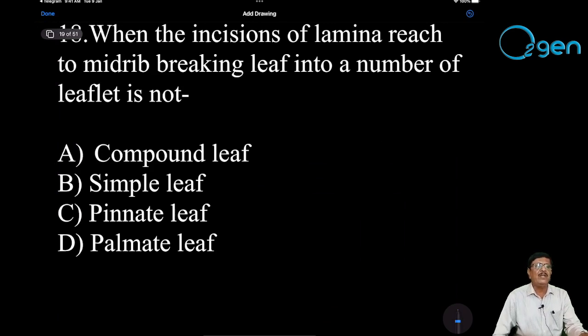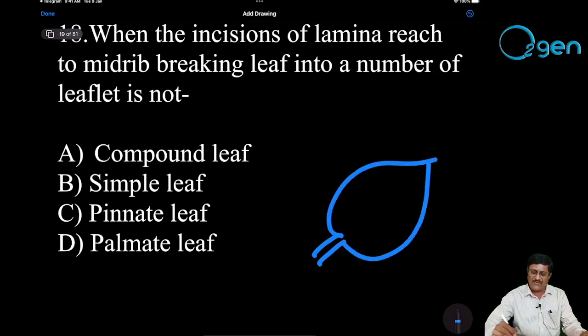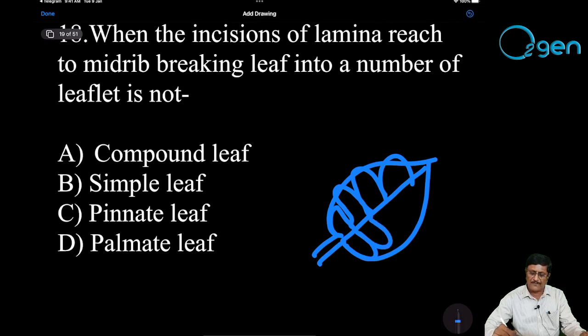Next one, the incision of the lamina reaching the midrib, breaking the leaf into number of leaflets, is not. In the synopsis you have studied, this is the lamina. If it reaches the midrib and is broken like this, they are called different types of compound leaves.